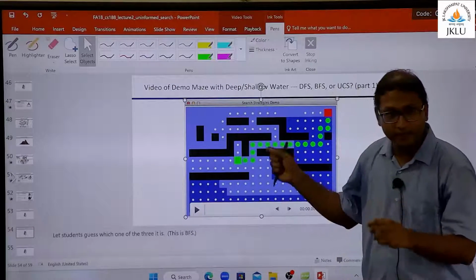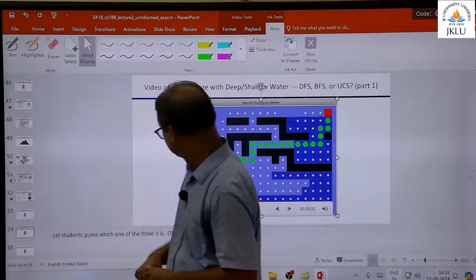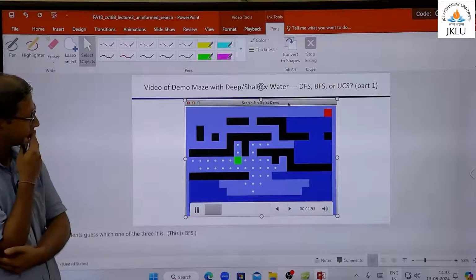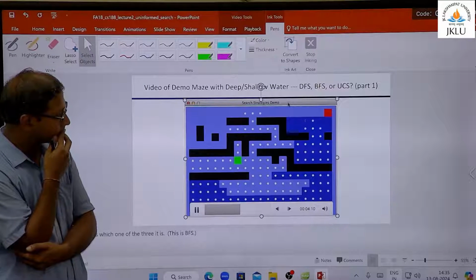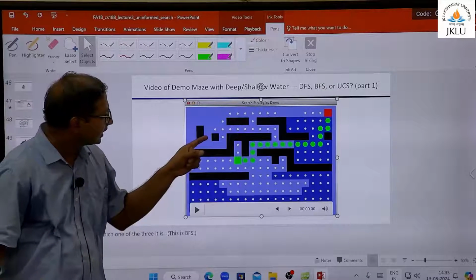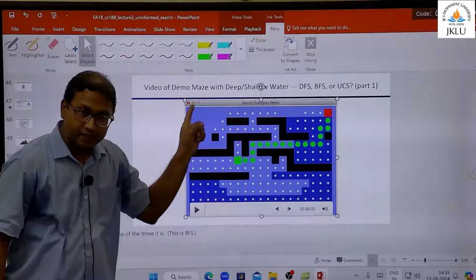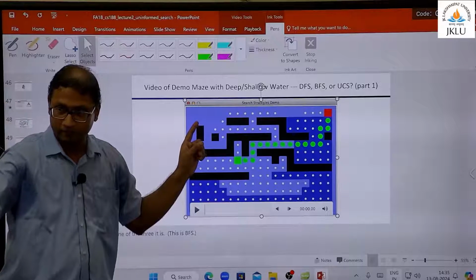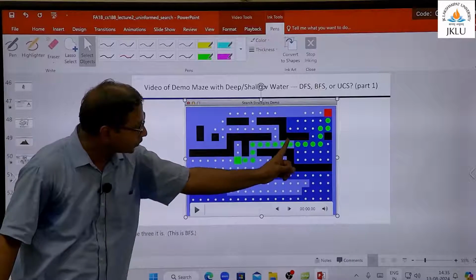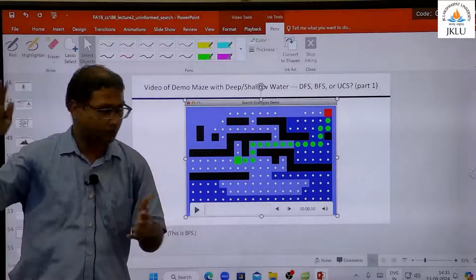So you expand again. So let's say you have something like this, that this light blue region means, let's say cost is 1. To go from here to here, let's say cost is 1. But if you go from here to here, let's say cost is 2, something of that sort.